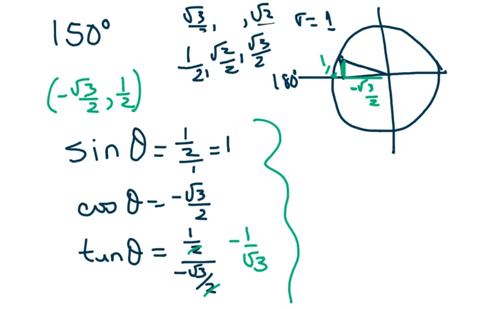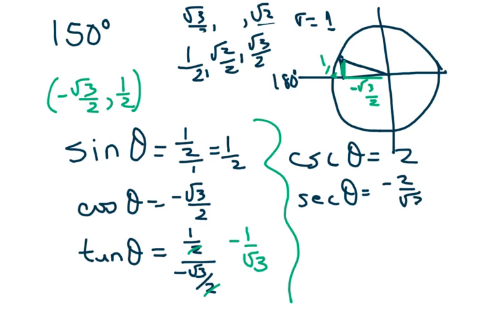Now, for the others, all I'm going to do is flip my answer. So cosecant of theta equals 2, or 2 over 1. Secant equals negative 2 over root 3. And cotangent equals negative root 3 over 1.